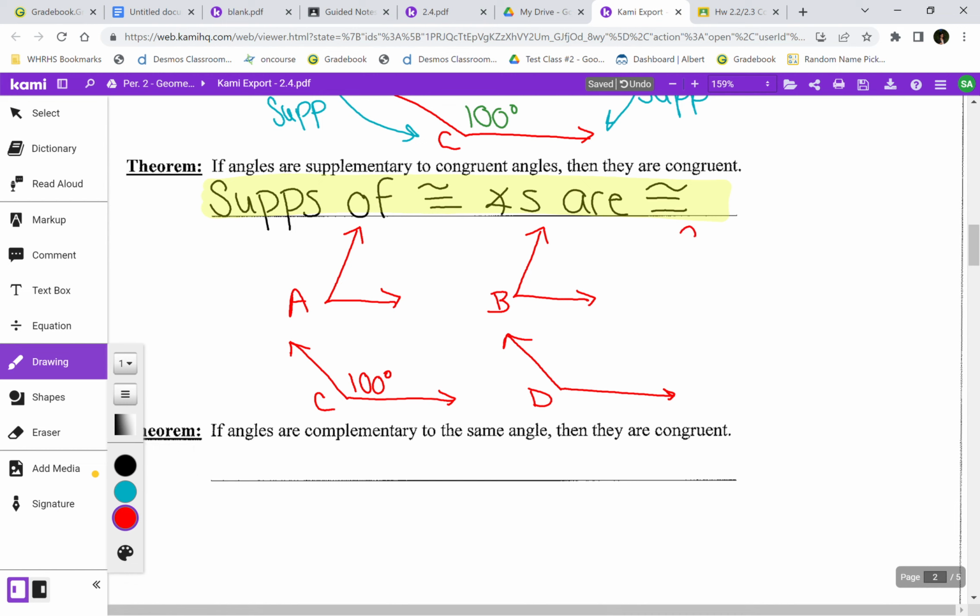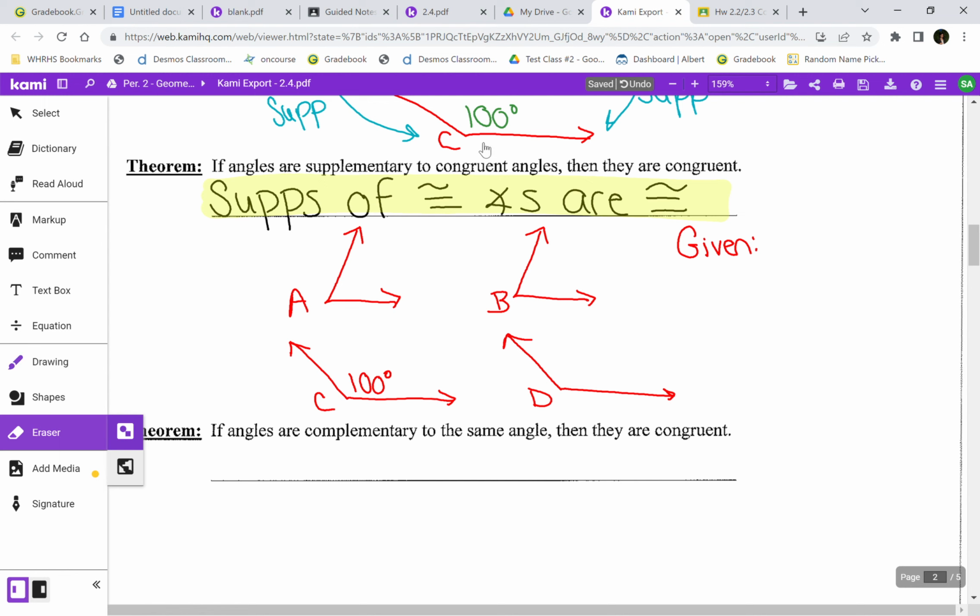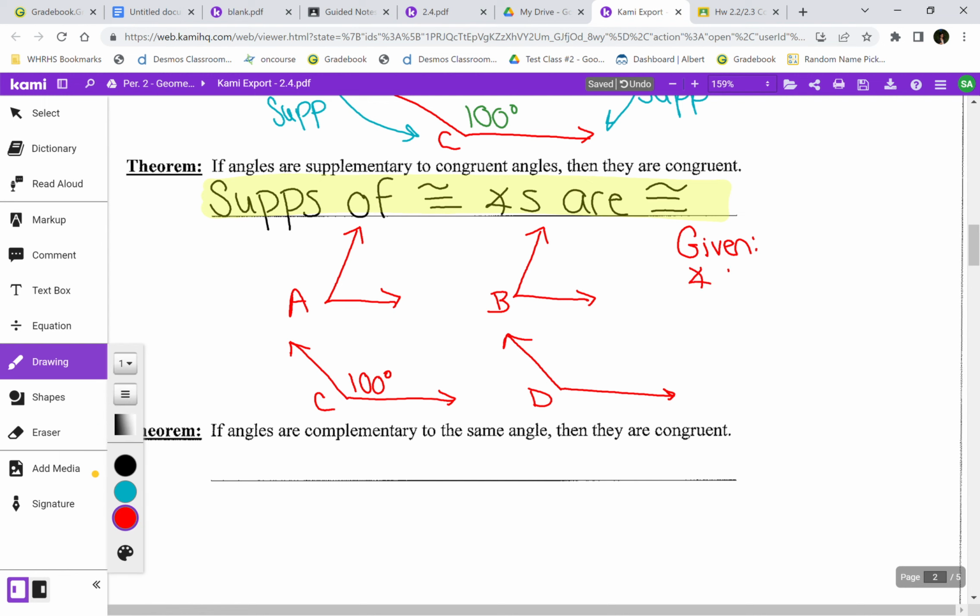And let's also say I gave you some information. The given information is that angle C is congruent to angle D. I'm also going to tell you that angle A is a supplement to angle C, and that angle B is a supplement to angle D.